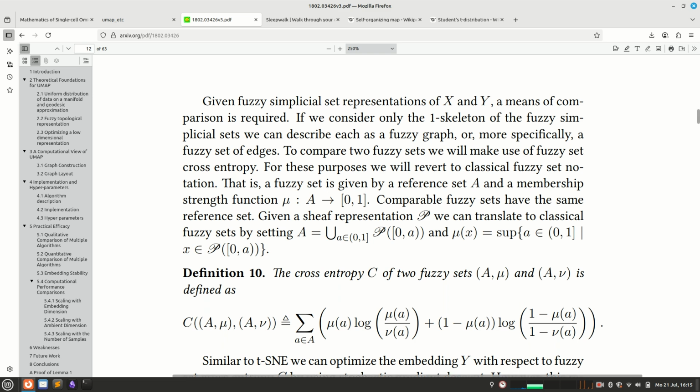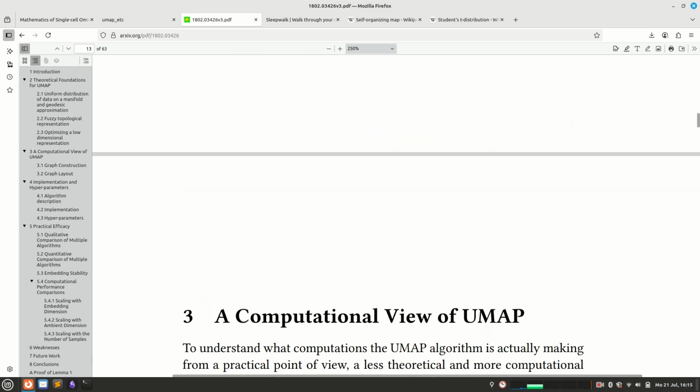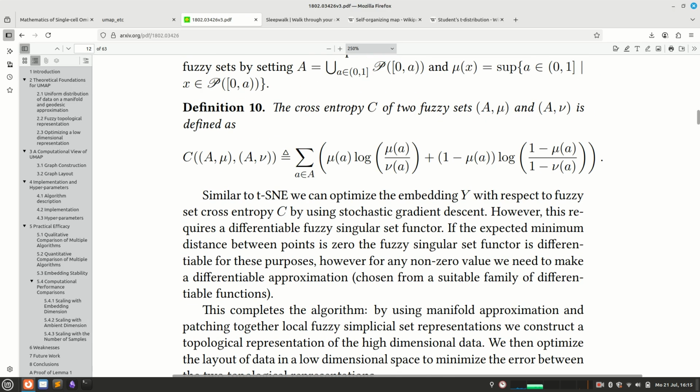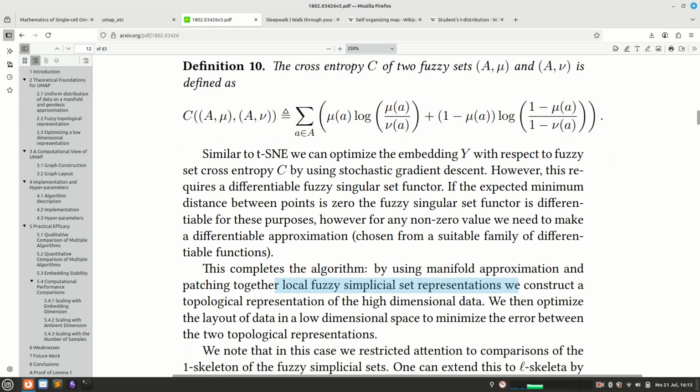Somebody else then read it with a bit more patience and found this: we use manifolds to patch together a local simplicial set representation of the appropriate dimensionality to construct a topological representation.